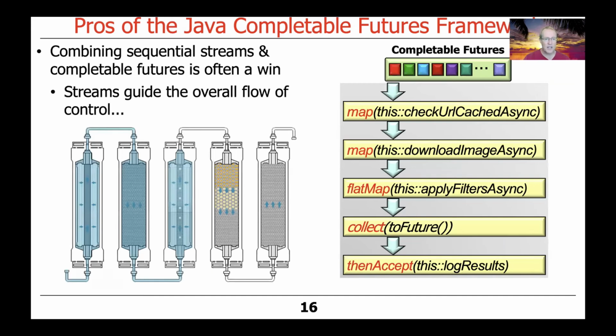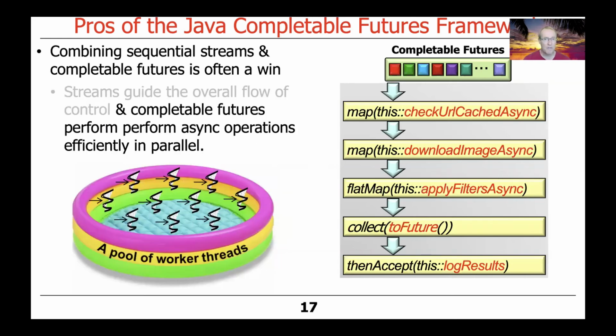When you do this, you can use streams to guide the overall flow of control of the application, like we see here with these various fluent, intermediate, and terminal operations. And then we can use completable futures to perform asynchronous operations efficiently and scalably in parallel in different types of thread pools. So you're getting the best of both worlds.